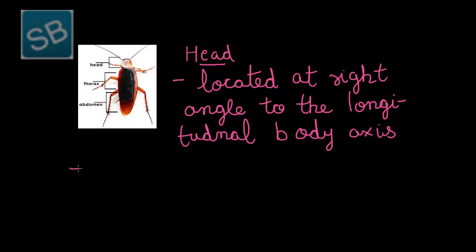Head is generally made up of 6 segments. This head is attached to the thorax through a flexible neck. Since the neck is flexible, the head can move easily in all directions.